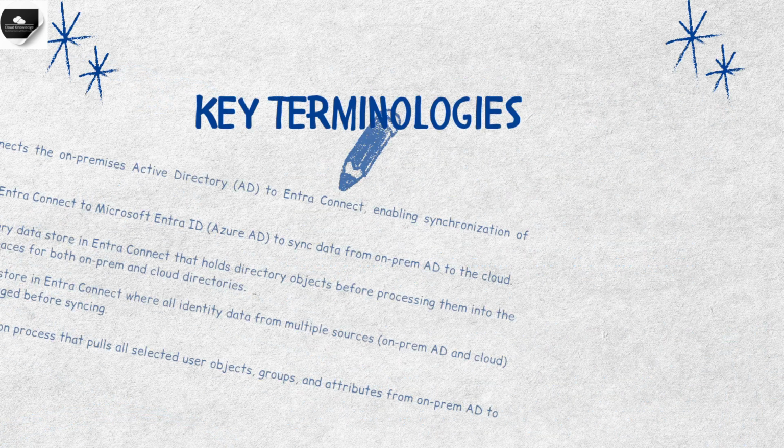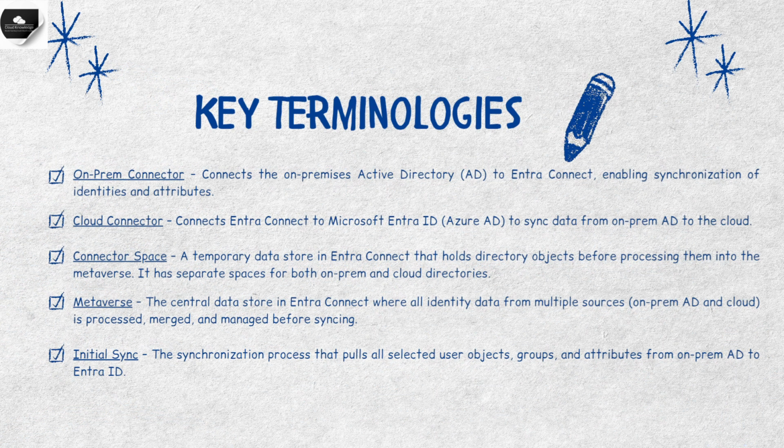Now we will gather the key terminologies that we use in Entra Connect, in our day-to-day work. First one is the on-prem connector. What is the on-prem connector? It is the connector that is created by default by our Entra Connect agent.